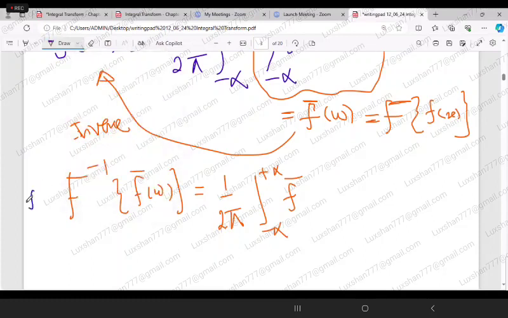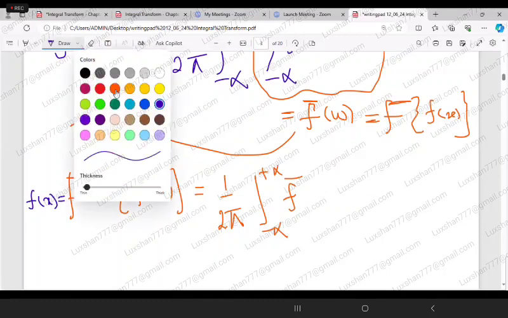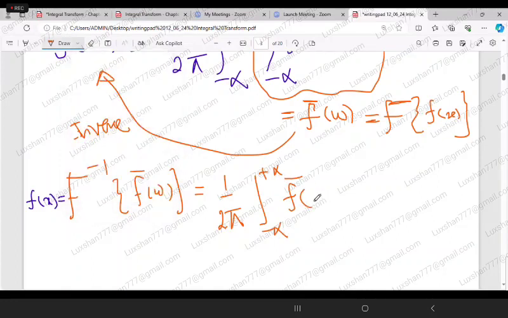So here f(x) is equal to the inverse Fourier transform of f bar omega, which is equal to 1 over 2 pi, integration minus infinity to plus infinity f bar omega into e to the power minus i omega x d omega.